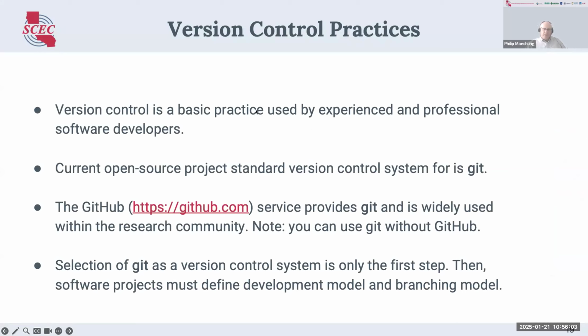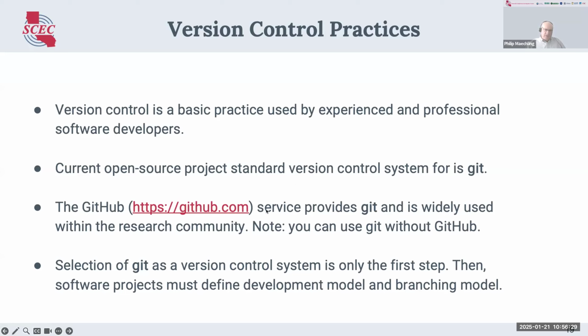In the previous days, we would send tar files or zip files around to distribute our software, but now committing your software into a version control system is considered a basic practice. Within the seismological community, the open source standard version control system is called Git.